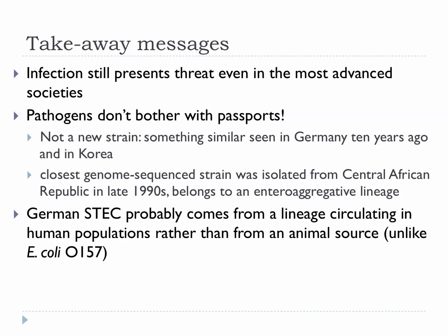Here, enteroaggregative, my understanding, and again, this is one of those things where there seems to be not a lot of consensus, is that enteroaggregative lineages circulate in human populations and generally are not zoonotic. I'm sure that you probably can find one or two case reports somewhere that say that's not the case, but that's my understanding, that that's the general consensus.